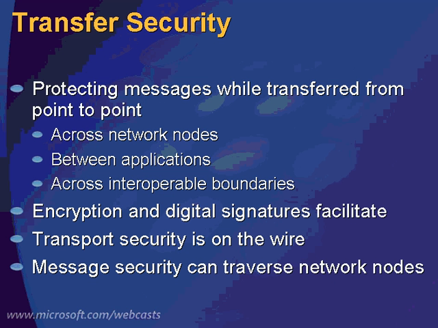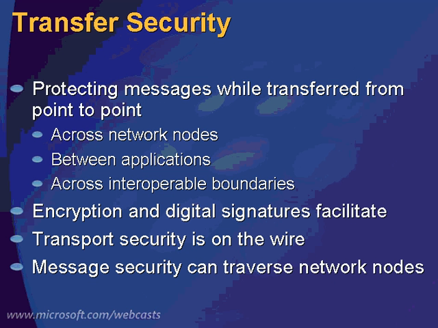Another thing that we need to think about with security, besides authentication and authorization, which should be pretty straightforward, is transfer security. So this is referring to how we protect messages while they're transferred from being tampered with and also from being viewed by malicious parties. So we need to protect it not just across network nodes, but between actual application nodes and possibly across interoperable boundaries.